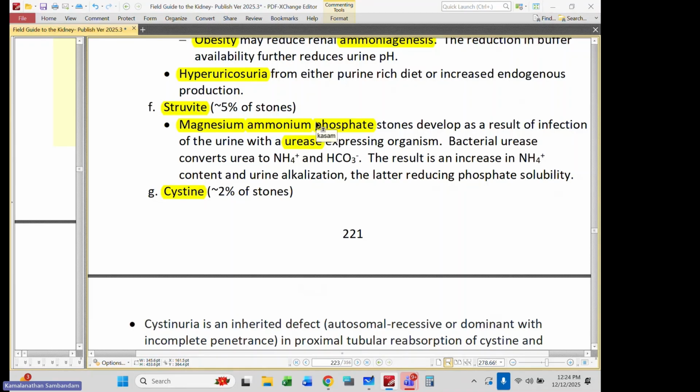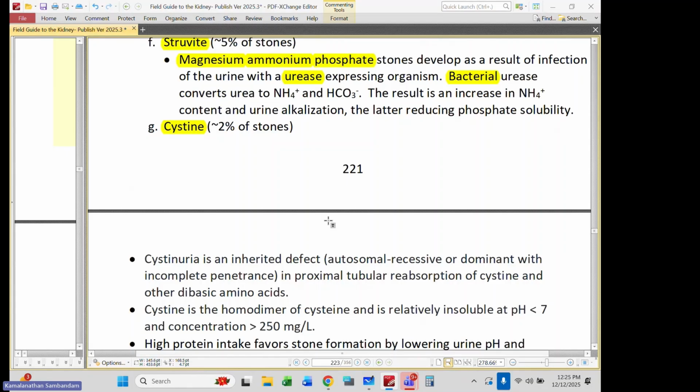Okay, the presence of bicarbonate would predict an alkaline urine, and this ammonium phosphate salt is going to be less soluble in that alkaline urine. Okay, so that's the pathogenesis at play for the struvite stones. Usually this is, again, the result of a bacterial urease, resulting in a perfect storm here.